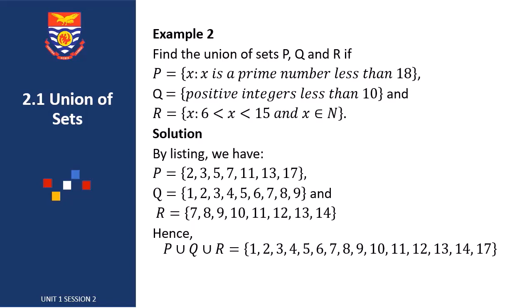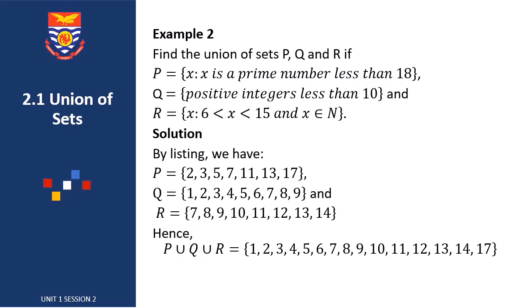Members of set Q are also listed as 1, 2, 3, 4, 5, 6, 7, 8, and 9. Then members of the last set R are listed as 7, 8, 9, 10, 11, 12, 13, and 14.